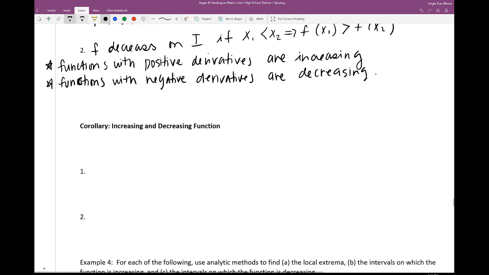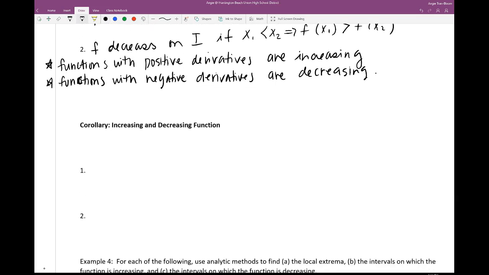All right. Corollary, increasing and decreasing function. All right.